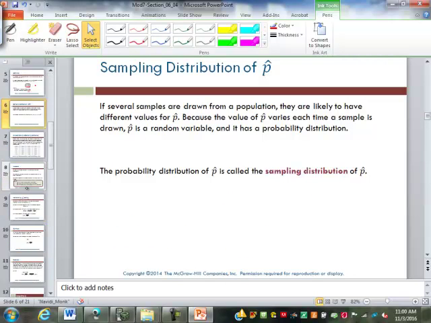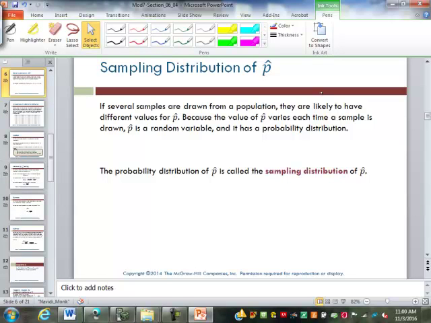So if several samples are drawn from our population, they are likely to have different values of p hat because they vary each time a sample is drawn. Different amounts have that characteristic, different amounts don't. But if we take all the different possible samples of that size and look at all the different p hats, that is our sampling distribution for p hat.